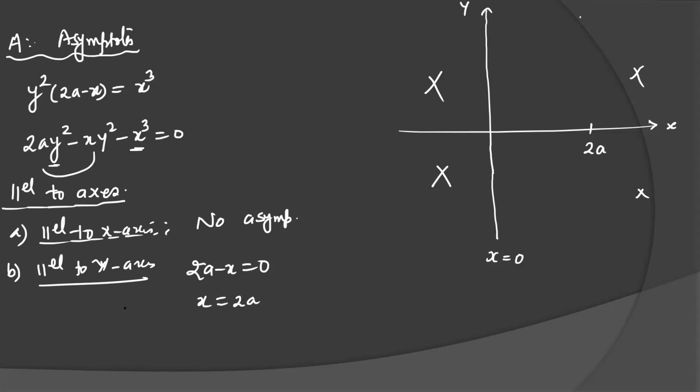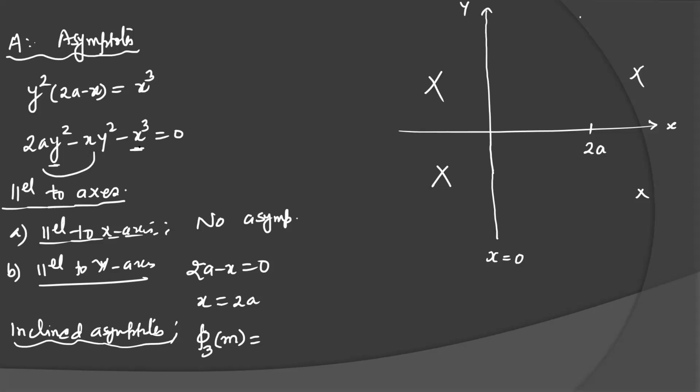But this curve has degree 3, so it can have up to 3 asymptotes. Check inclined asymptotes. For the inclined asymptotes, we will find phi 3 of m. The highest degree is 3, and we can find phi 3 of m by putting x equal to 1 and y equal to m.